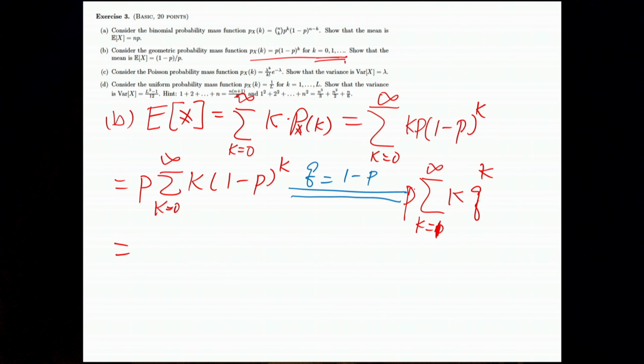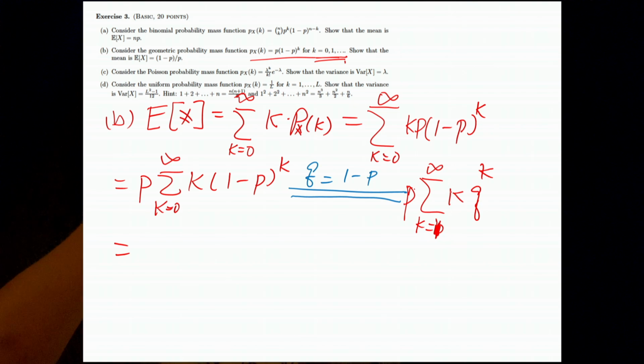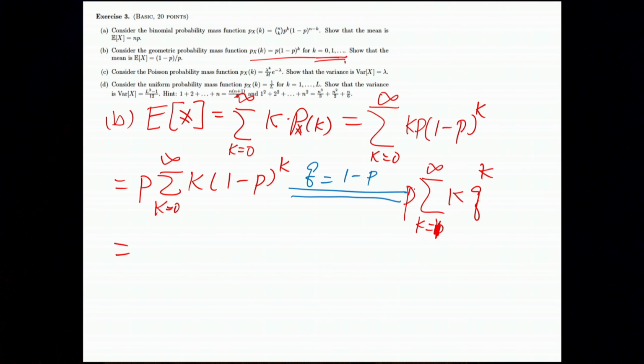It seems k is from 1, because if it's 0, it's still the same: when we plug in 0 here, it's still 0. So k equals 1.